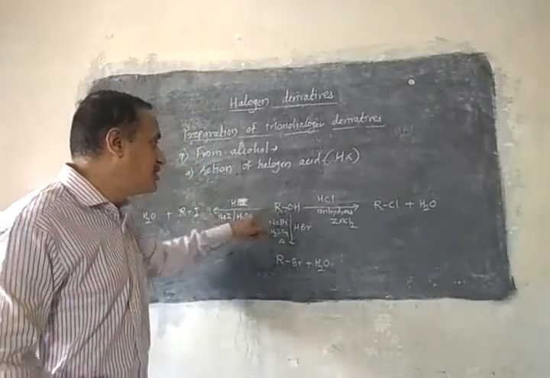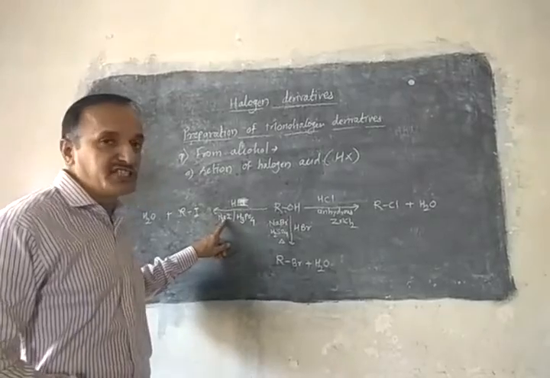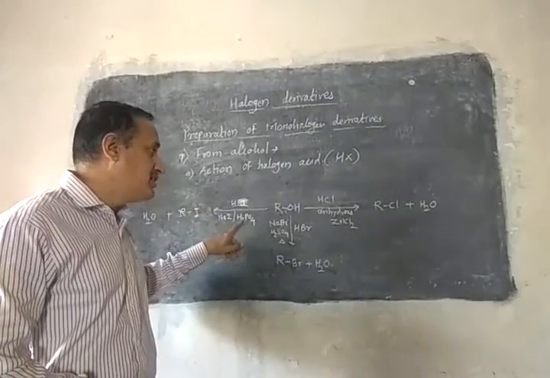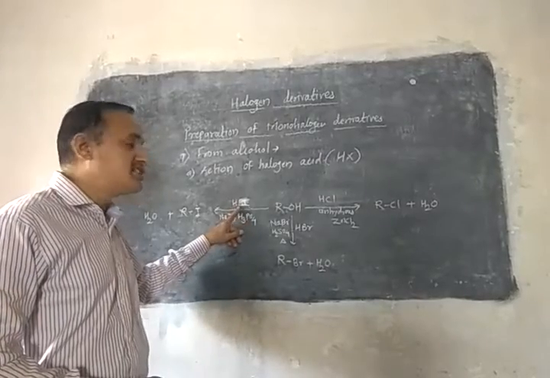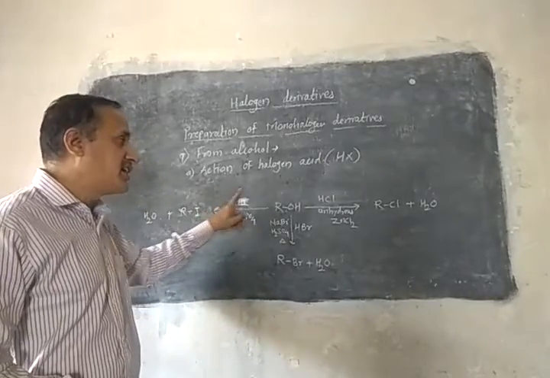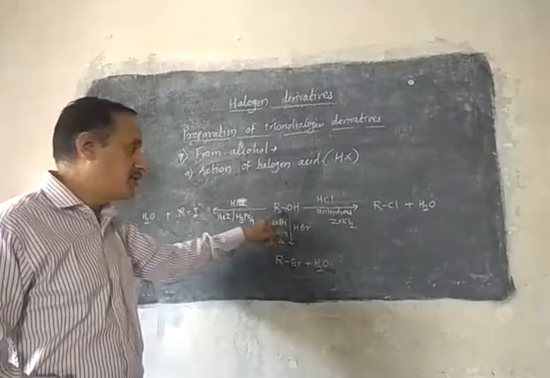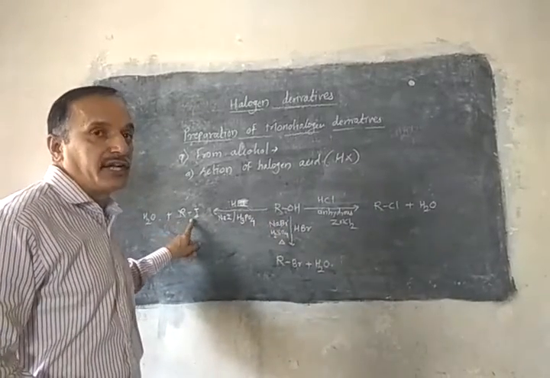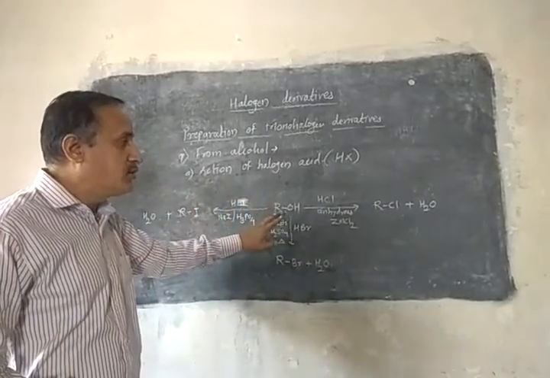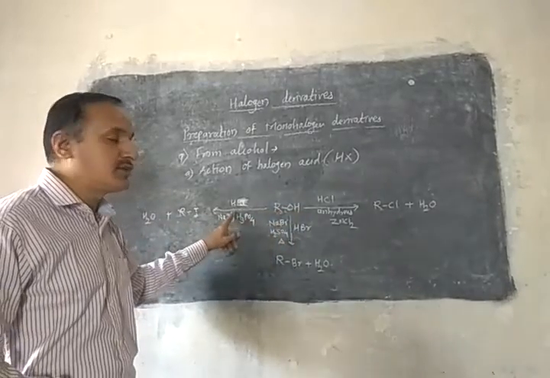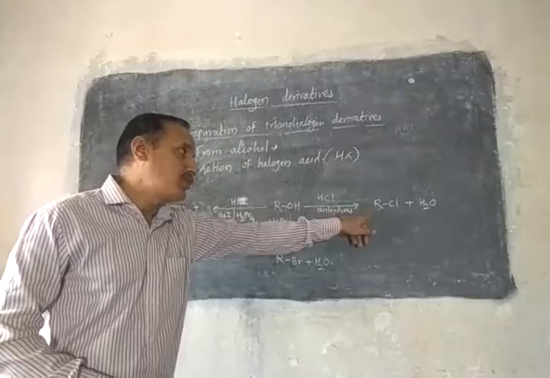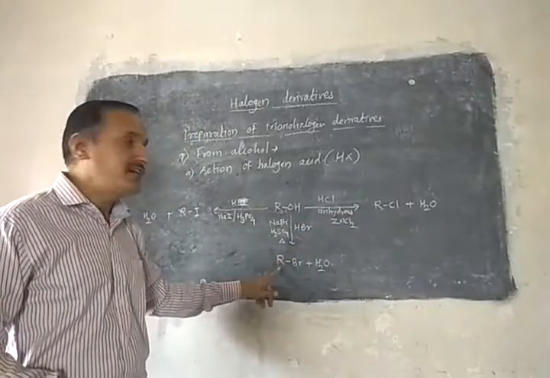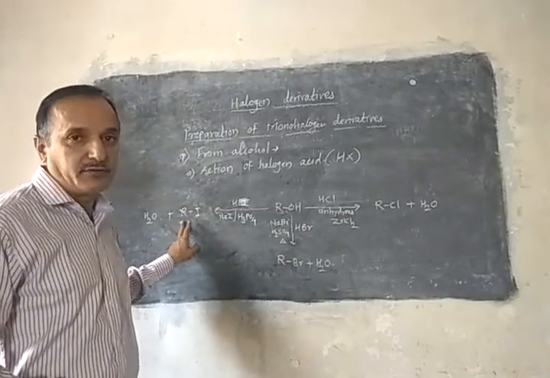Similarly, when alcohol is treated with the mixture NaI, sodium iodide, and phosphoric acid H3PO4, HI is formed. This HI reacts with the alcohol and forms alkyl iodide. Means from the alcohol, by taking different suitable conditions, we get alkyl chloride, alkyl bromide and alkyl iodide.